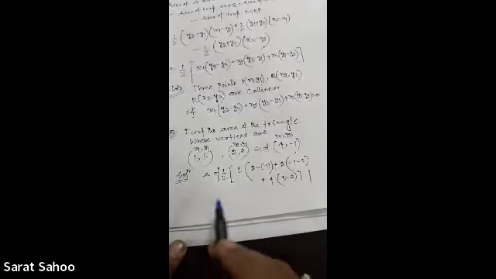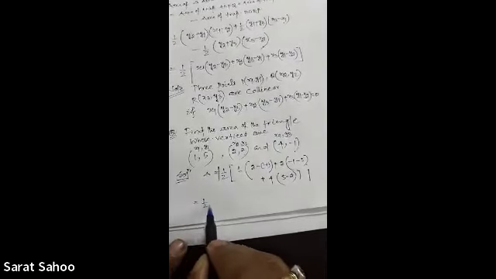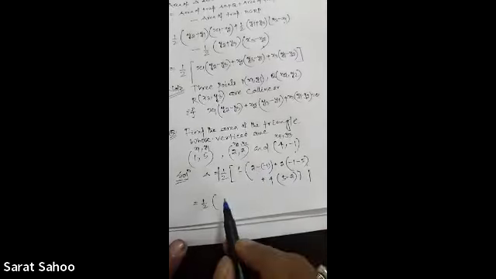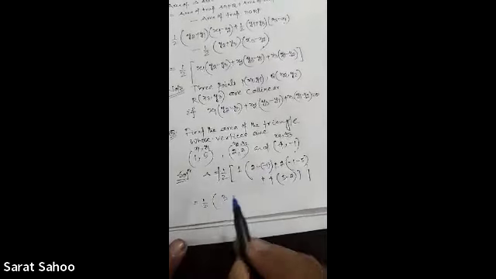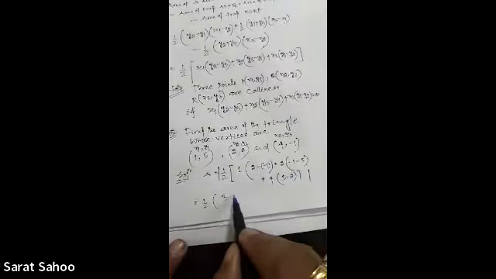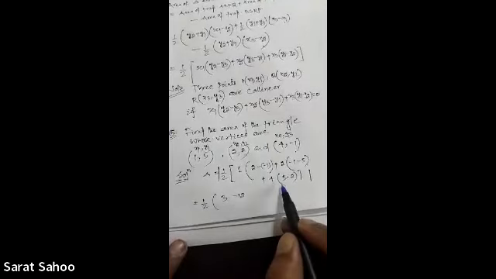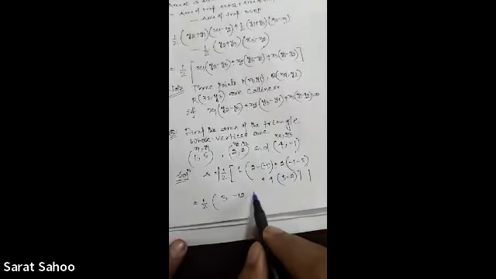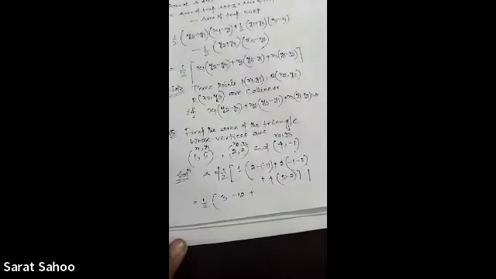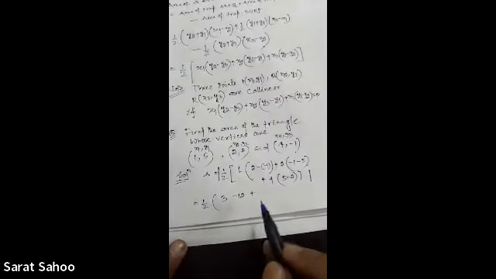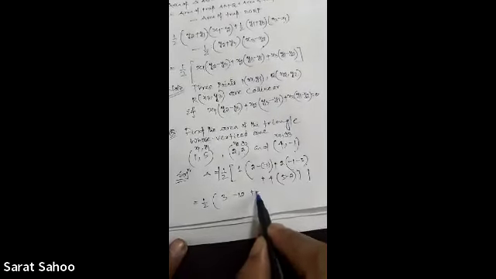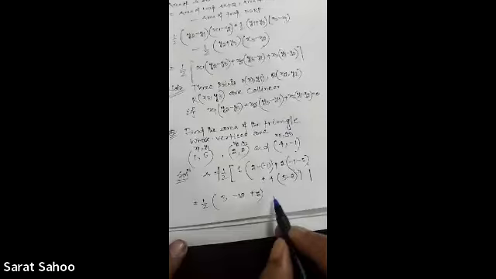Since area can never be negative, we have to take the absolute value. So half of 1 into 3 is 3, 2 into minus 6 is minus 12, 4 into 3 is 12. Best of luck. This is equal to 3 by 2 square units.